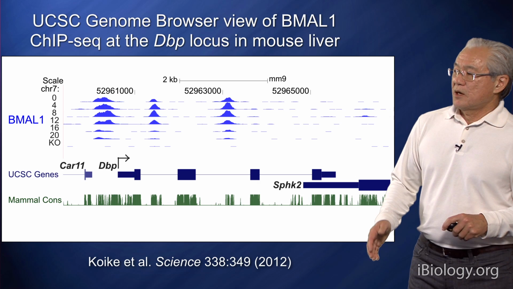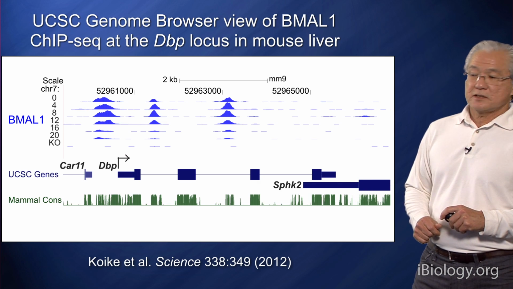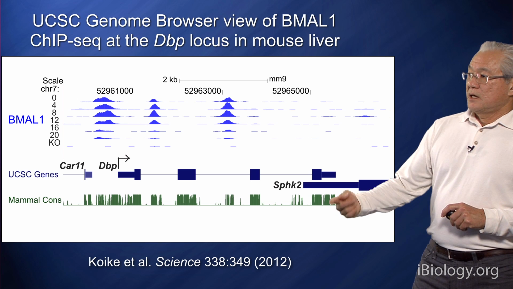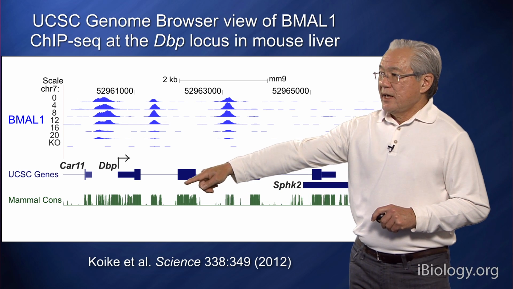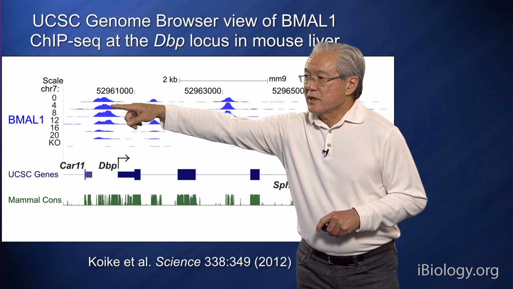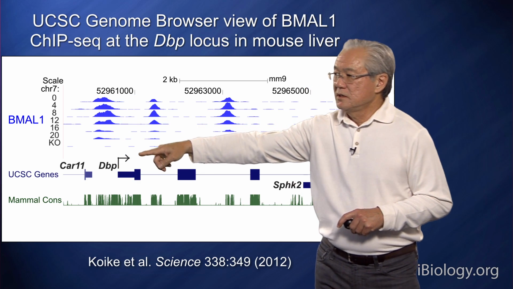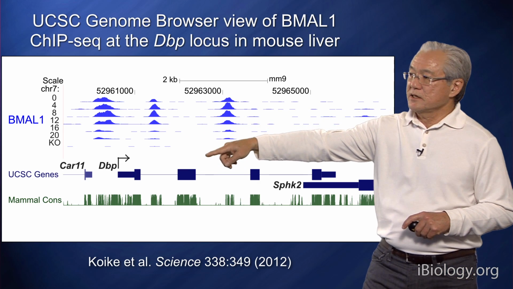So this is a browser view of a single known target gene of CLOCK called DBP, shown here. And in the DBP gene, we can see 3 regions where BMAL1, in this case, binds: the promoter, the first intron, and the second intron.